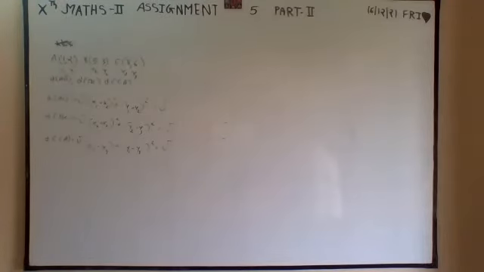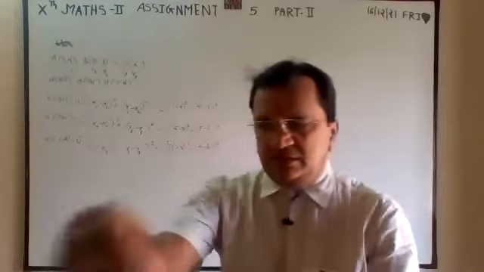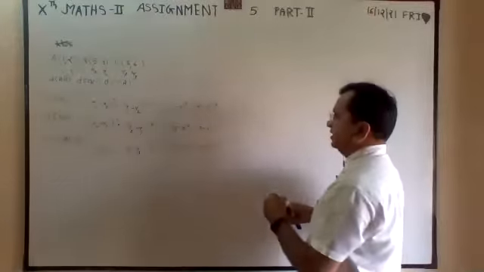1 minus 5, 5 minus 8, 1 minus 8, 2 minus 3, 3 minus 6, 2 minus 6. Wait, I'll write dark, very dark, so you can see.